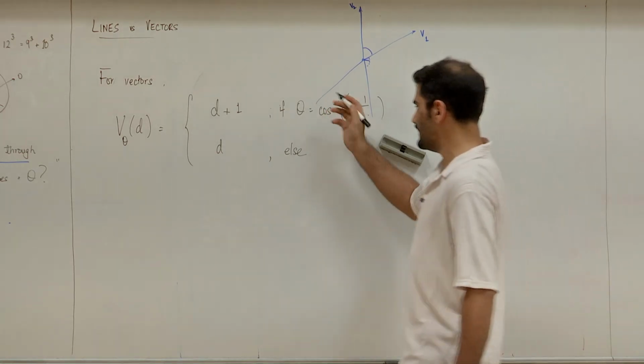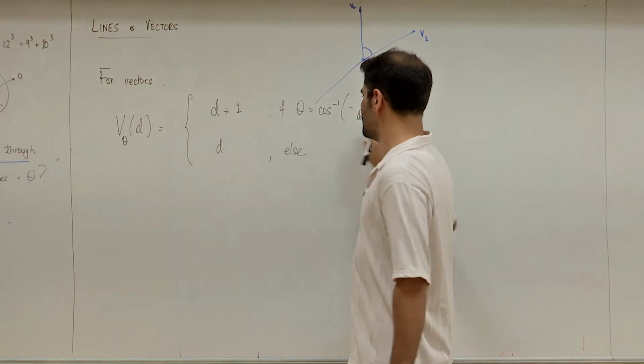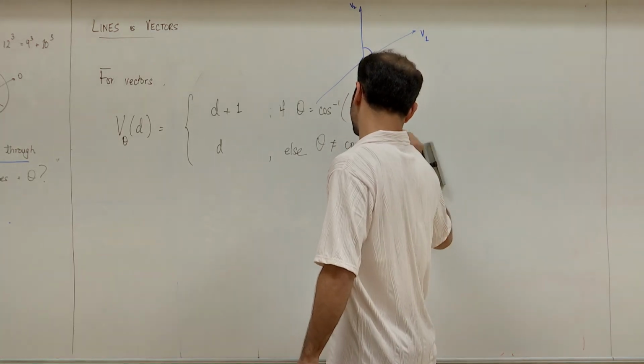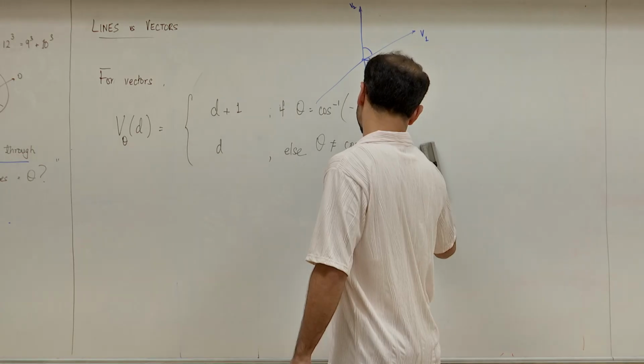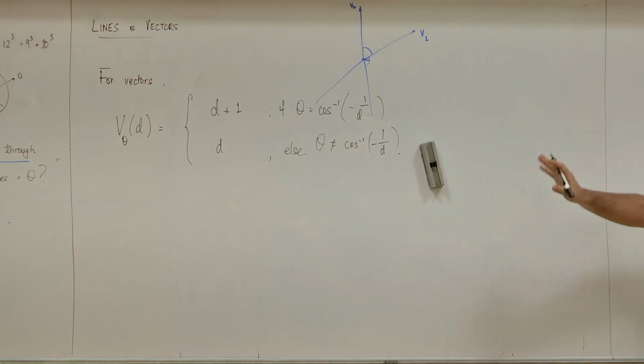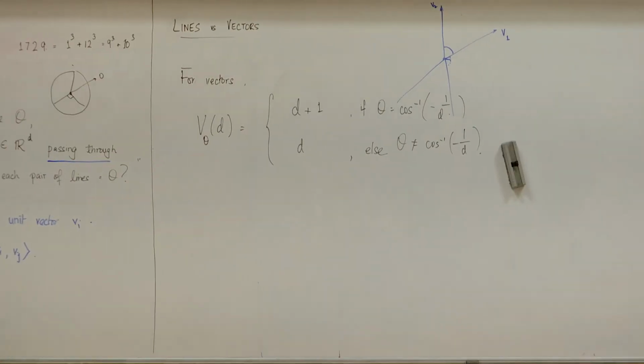Else, for any other theta not equal to this, it is D. So for every angle other than one, it is D; for exactly one angle it is D plus 1.